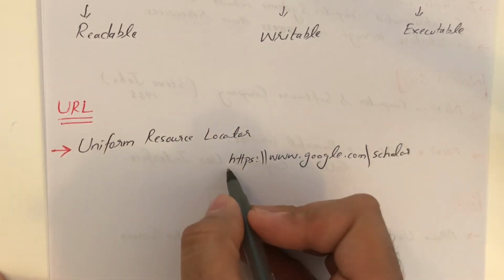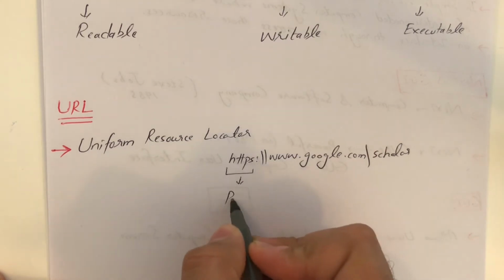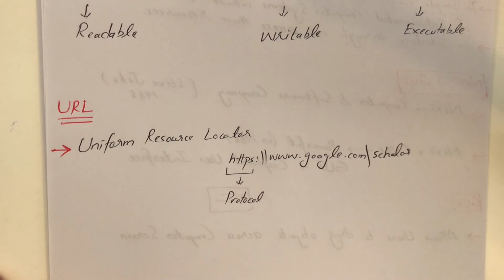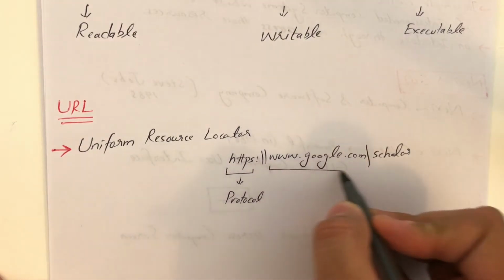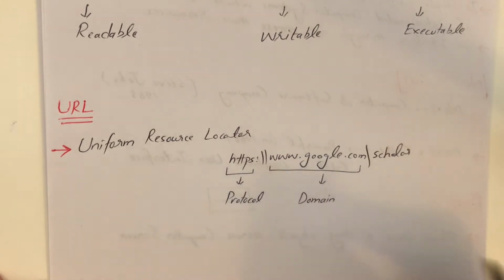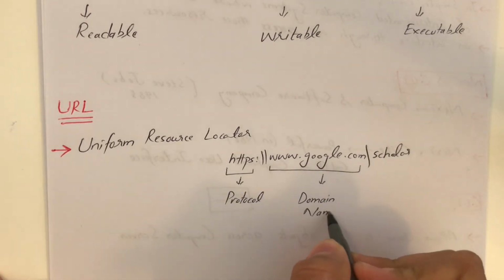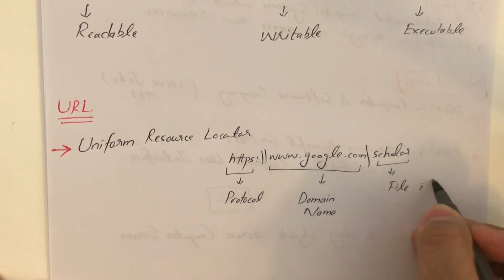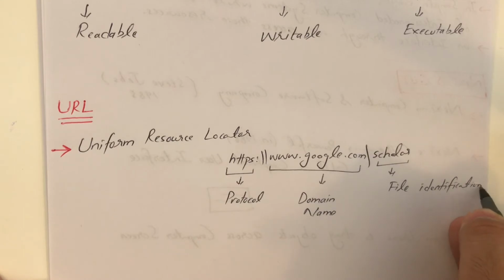Here, if you see, there are three components. One is the protocol. HTTPS is a protocol, hypertext transfer protocol. www.google.com, the internal part, is called domain name, which identifies the company. The last part is called the file identification, which particular file you are looking for or you are interested in.